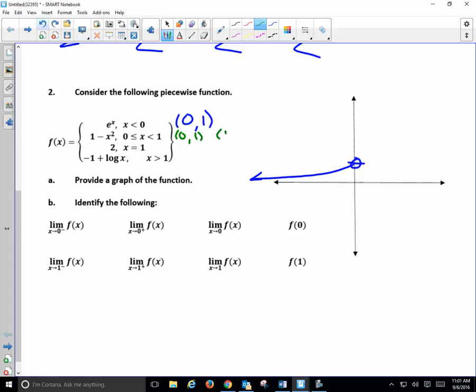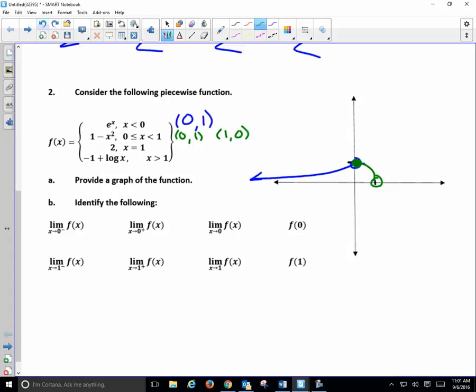And then I plug in 1, and you get 0. So we start with a closed circle, and then we go to an open circle. Is everybody okay with that?